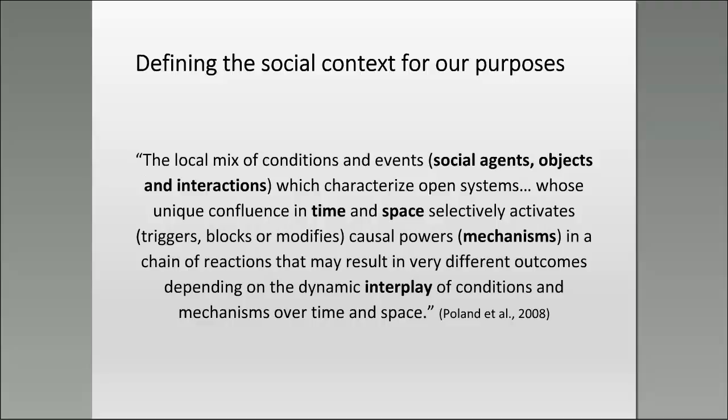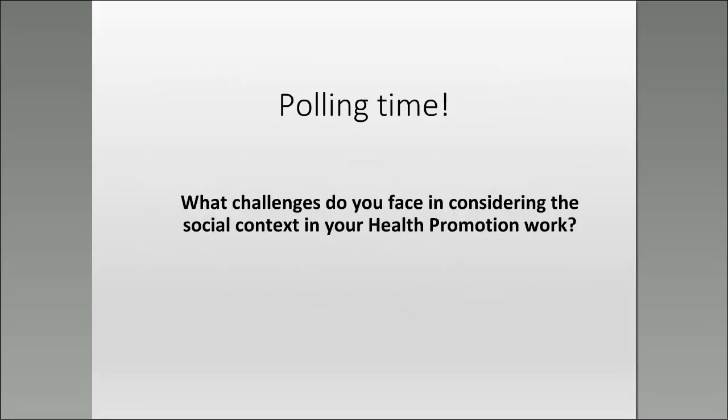So the social context involves social agents, so people, objects or things, and the interactions between them, as well as mechanisms which lead to observable outcomes. So attending to the social context of intervention requires that we pay attention to individuals, to interpersonal relationships, and to relationships between individuals, objects, and structures, as well as to the overarching institutional, social, and political drivers of social inequities in health.